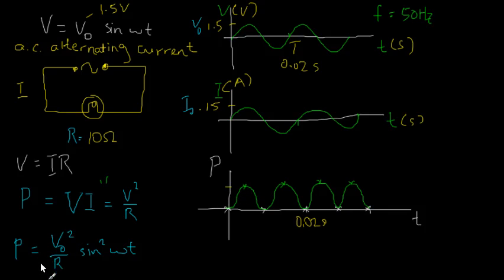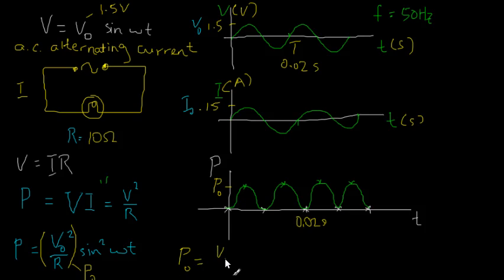V0 squared over R. So if I call this P0, P0 would be just this part here. That's my P0. And I know that V0 is 1.5. I know that R is 10. So I can calculate that. Let me do it.